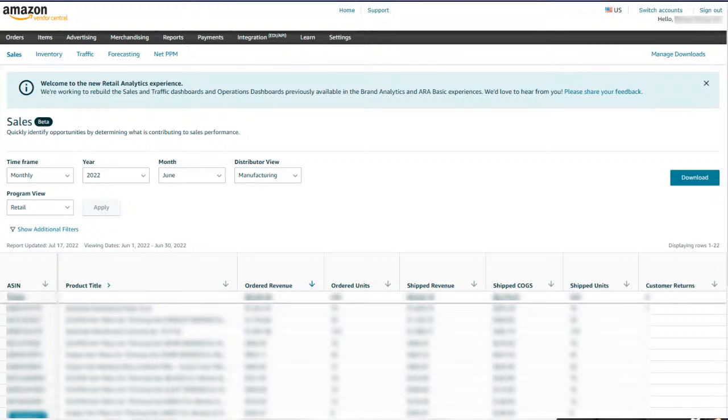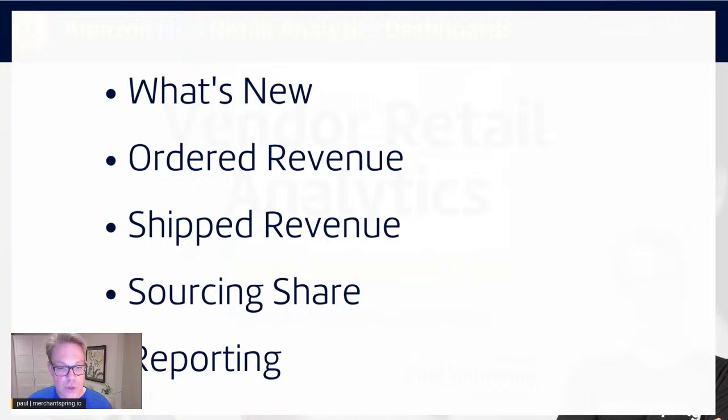And this is what we've been focusing on at Merchant Spring. So what I want to do is really show you how we are using some of these new retail analytics inside our platform to drive insights to help you grow your business with Amazon.